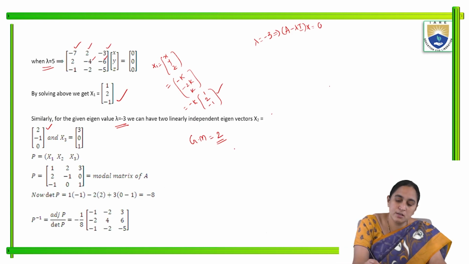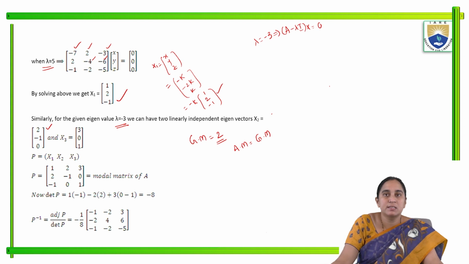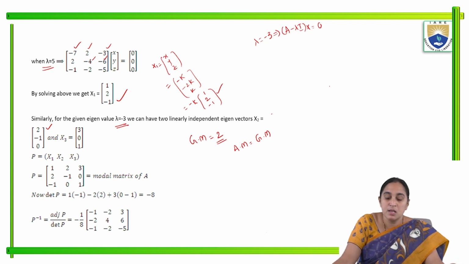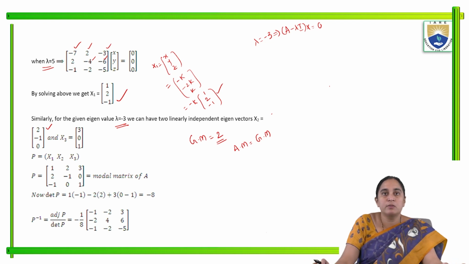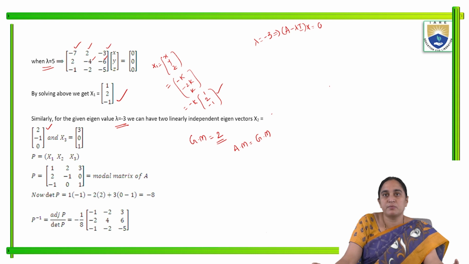Therefore, AM is equal to GM, so the given matrix is diagonalizable. Sometimes the two are not equal. For that case, we have to stop the procedure and directly write that the given matrix is not diagonalizable. But here the two are equal, so the given matrix is diagonalizable.